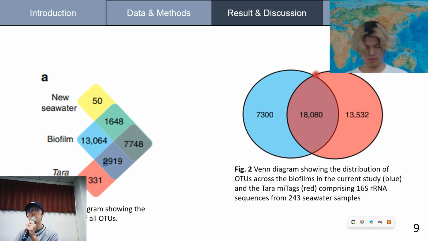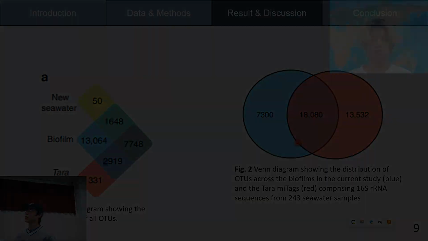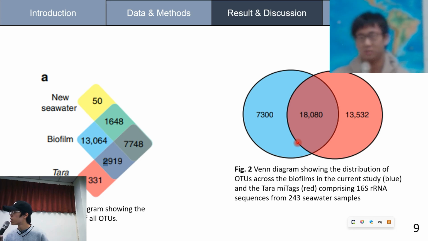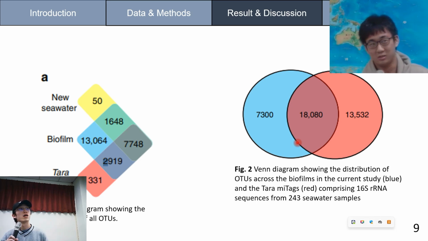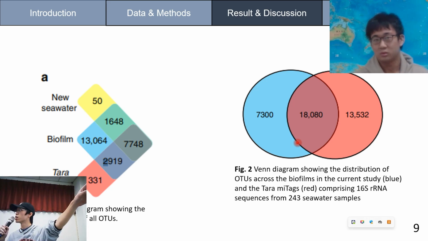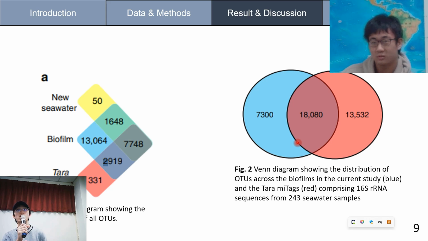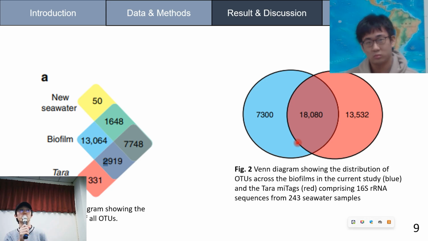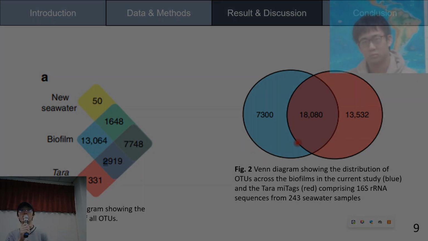Yes. What does 7748 mean? You mean the gray part, right? Yes, it can be observed not only in the new seawater samples, it can also be observed in the biofilms and the Tara seawater. It's a Venn diagram.